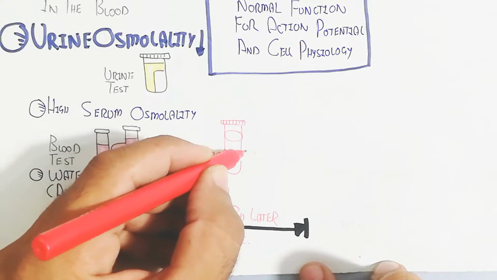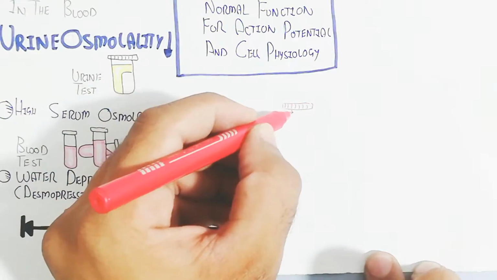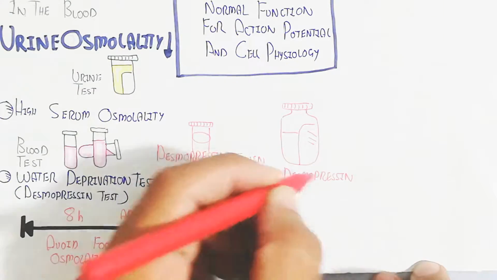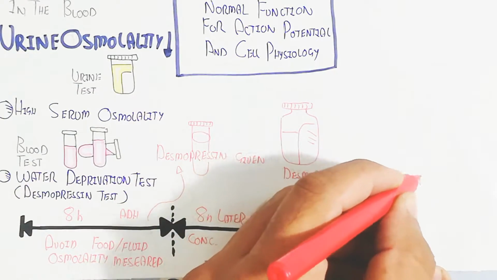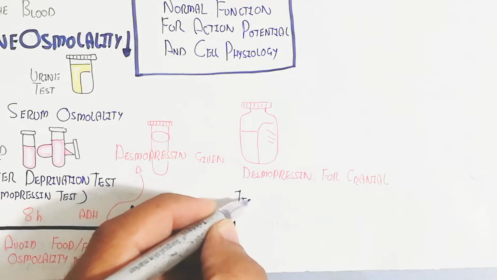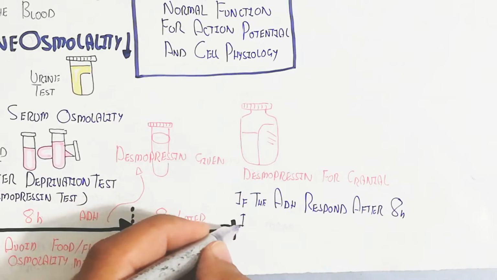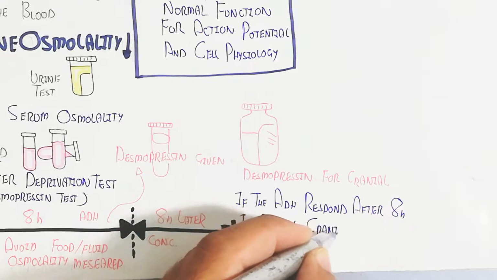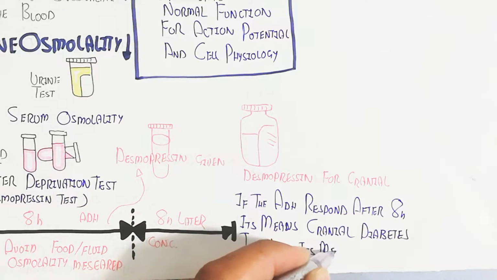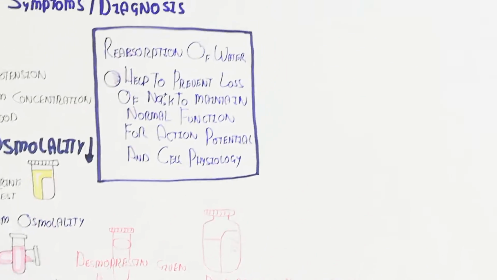The desmopressin will be provided 8 hours later, after eating food. If the desmopressin drug works, it is cranial diabetes insipidus. If the ADH responds after 8 hours, it means cranial diabetes. If not, it means nephrogenic.